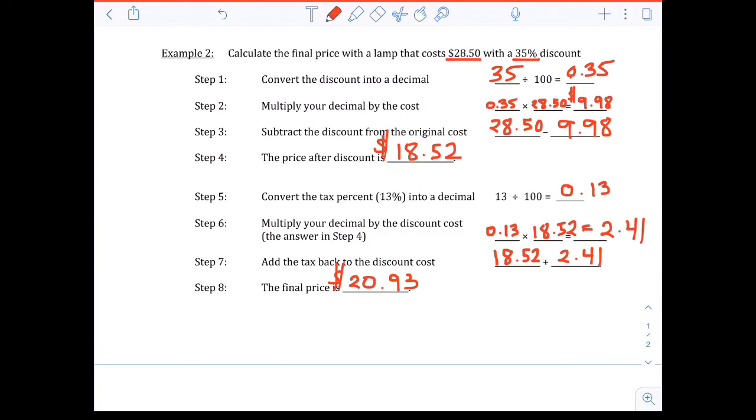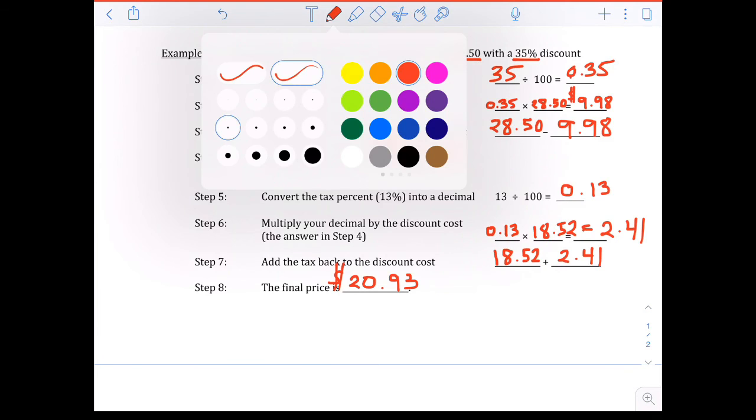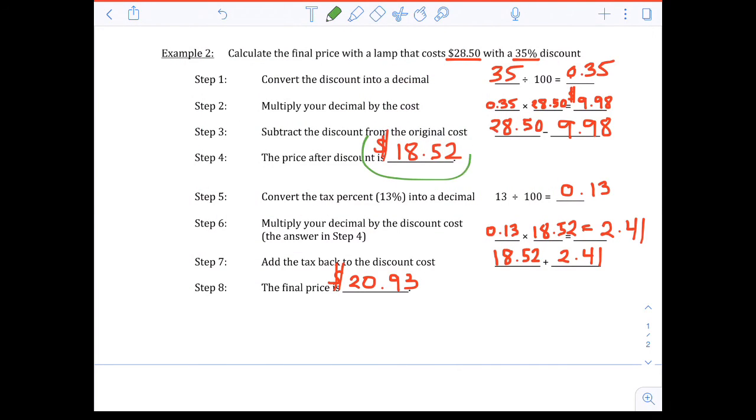We took 35% off of that, so we discounted the price 35%, which left us with $18.52. This number here. And then we needed to add tax. So we did all the work down here and we found out the tax was $2.41. And we add those two values together to find out how much it's actually going to cost us at the cash register. And that's this one.